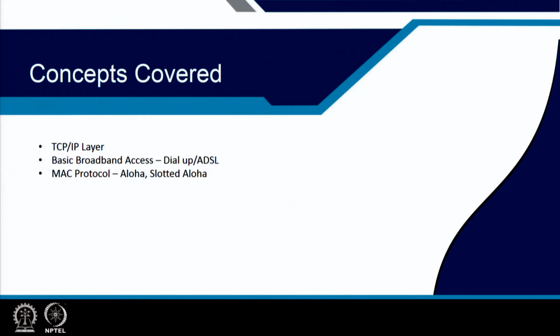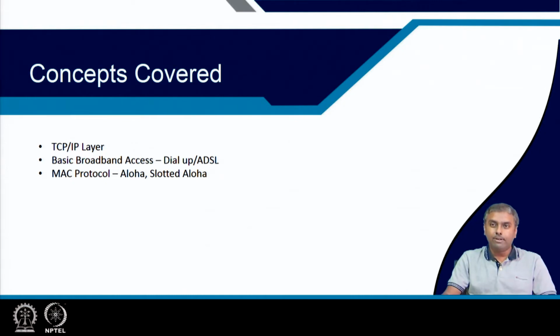There we will try to understand how layer 2 is facilitated. Mostly it is part of the access, where the network gets interfaced with the user. We will give a brief history of basic broadband access, which has traditionally been dial-up and ADSL. That was just the bridging between circuit switch network and packet switch network.